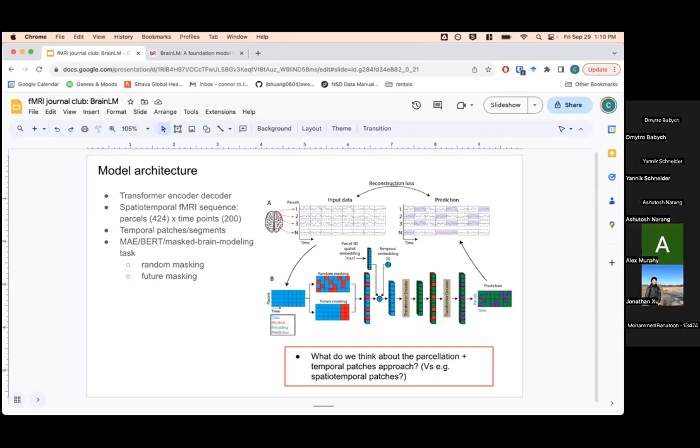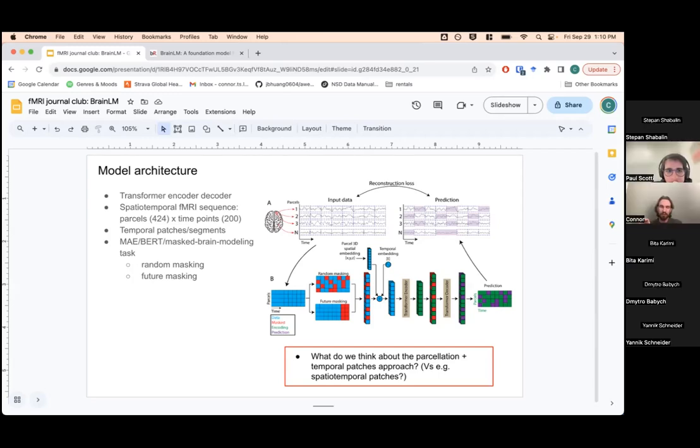To me, the main difference is that they're doing this purely temporal patching compared to maybe a spatiotemporal tube or movie patch that we might be familiar with from the video MAE type work that we've discussed previously.